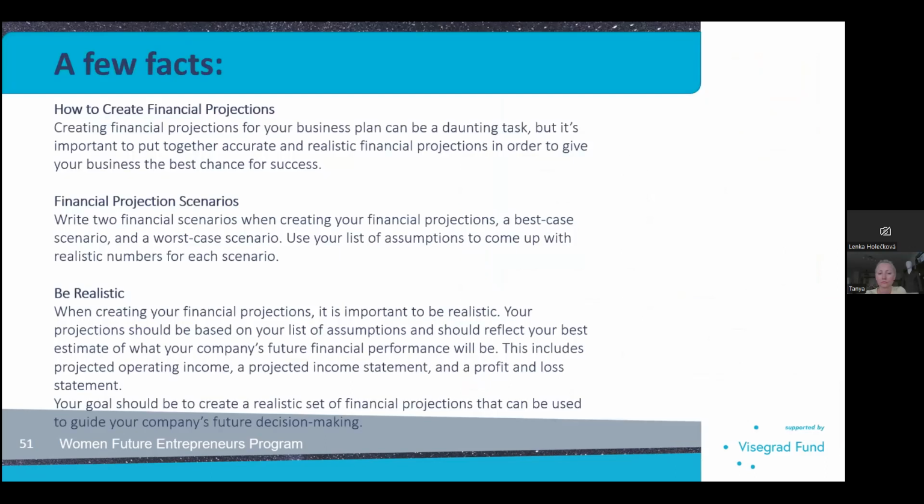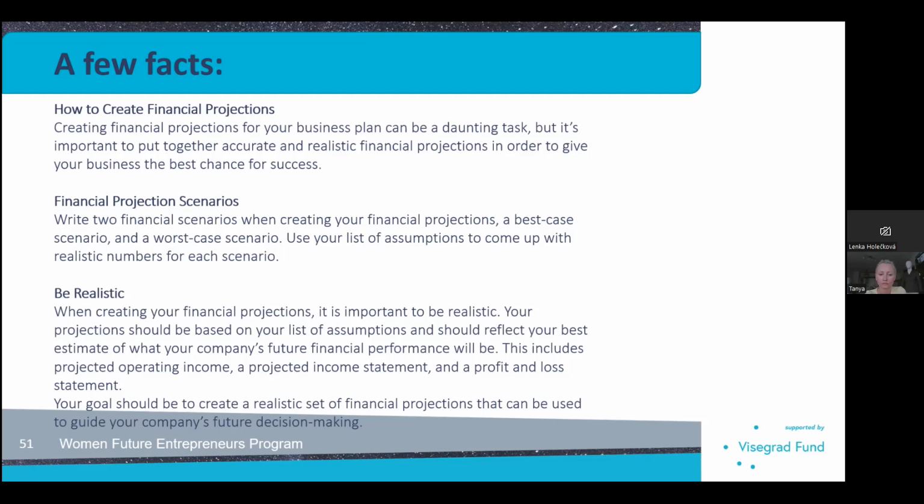And we must also think about financial projections. We need to create them, and it's just a plan. It is relatively hard to create a plan for 3 years. It's fine to focus on more scenarios. For instance, we can have a pessimistic scenario, optimistic and realistic, and it depends on the volume of our goods or services that will be offered on the market, on our sales, in fact.